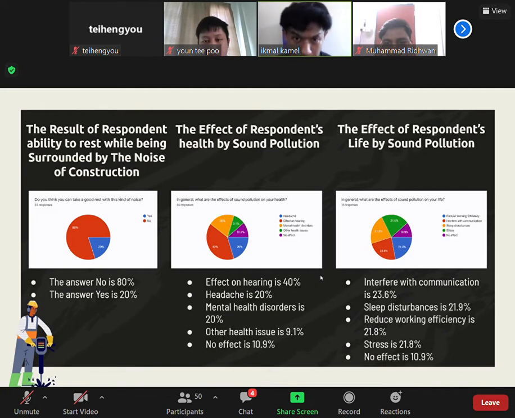So by this pie chart, we can see that only a small amount of respondent answered no effect at all, while other respondents believe that it has effect on sound pollution. For example, hearing brings 40%, headache brings 20%, mental health disorder brings 20%, while other health issue brings 9.1%.